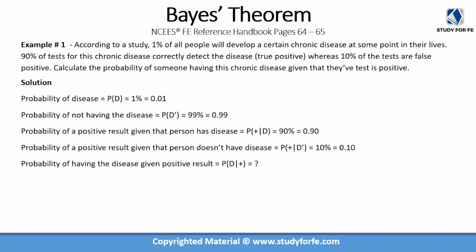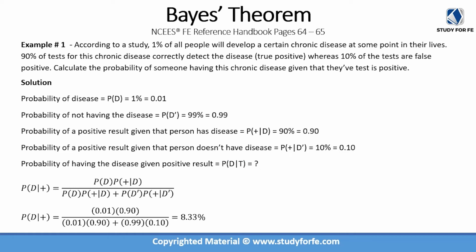So what we are being asked to calculate is the probability of having the disease given that you have a positive result. Now, whether it is a true positive or a false positive, you don't know, right? So what is the probability that it will be a true positive, that you actually have the disease given that the test is positive?